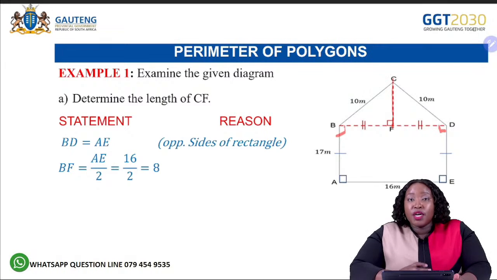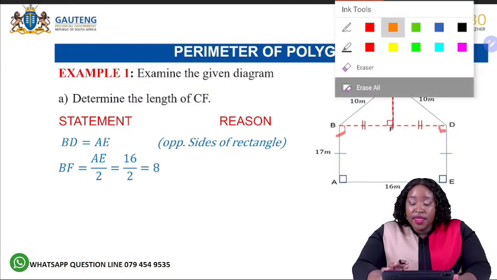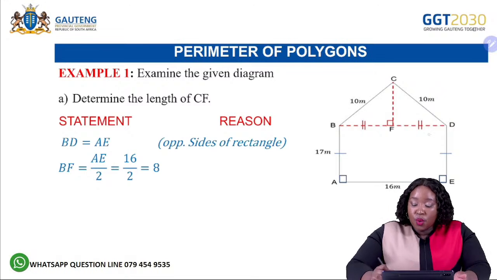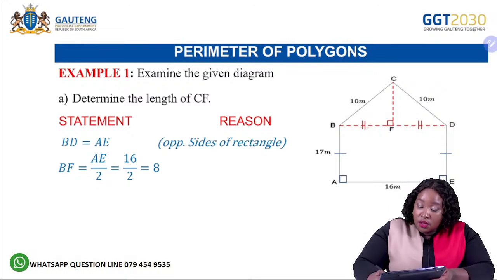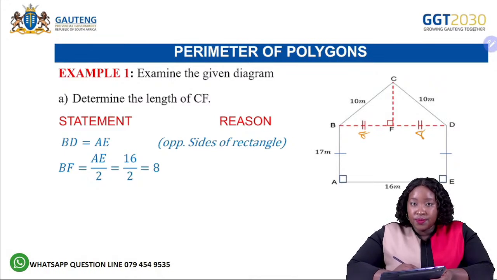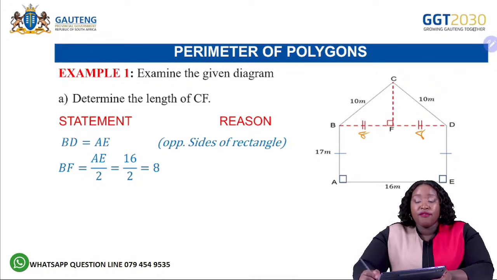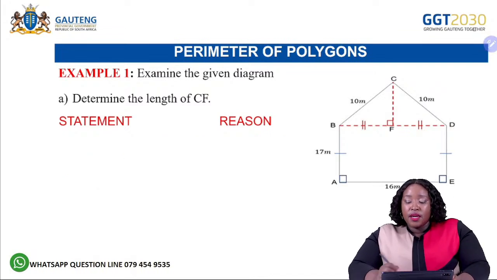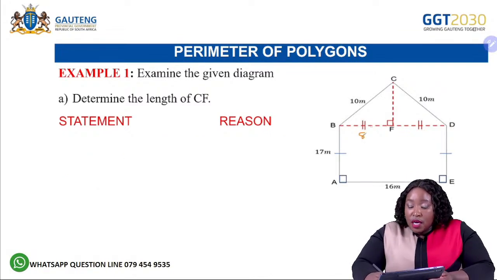Okay, it's being cut into half. So with that, we can divide 16 by 2, right? Dividing 16 by 2 will give us the values of these sides here. That's where we get our 8. Okay, so for BF and DF, we've got those. All right, now let me rewrite them one more time. 8, 8. These are meters.